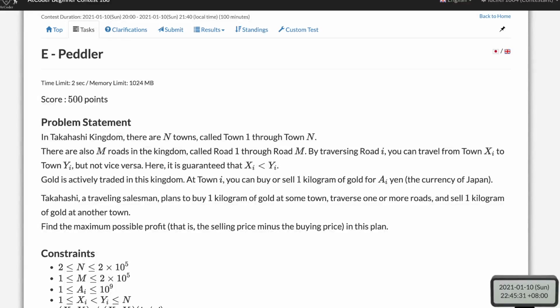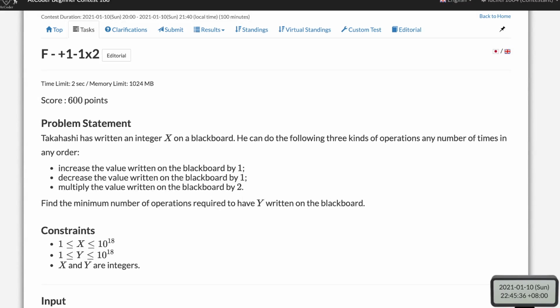Now let's go to problem F, plus 1 minus 1 times 2.